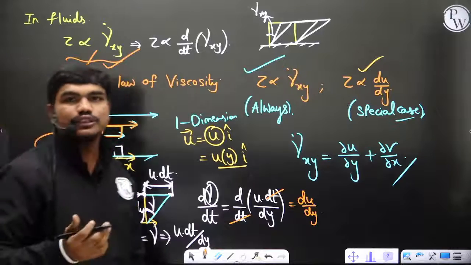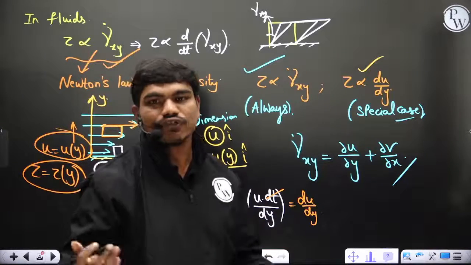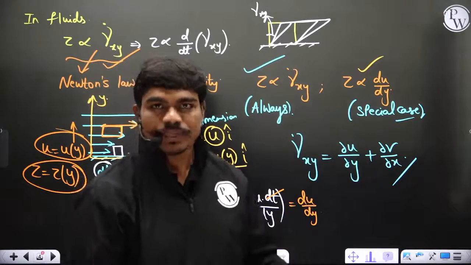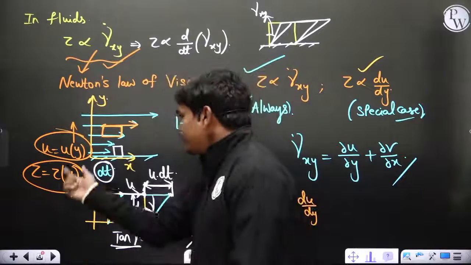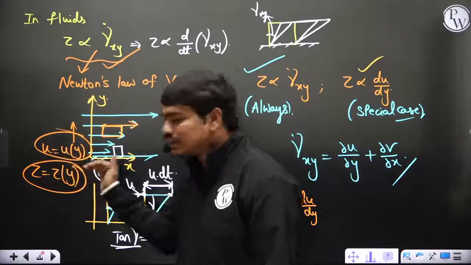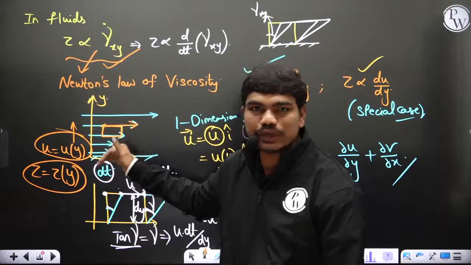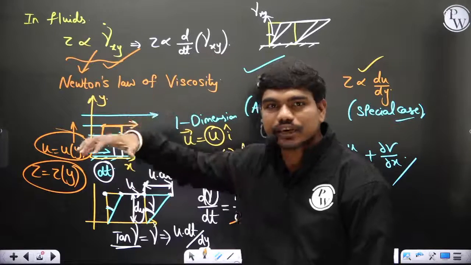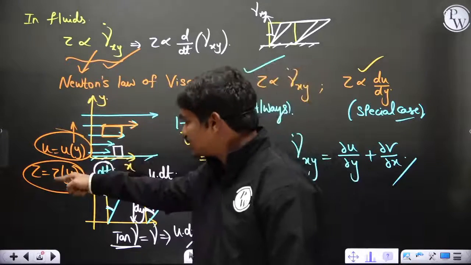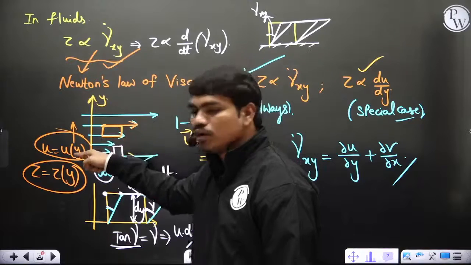If there is no shear stress acting on the layers, then the fluid will not move. It's called the static condition, which we will see in tomorrow's class, fluid statics. But right now you can understand one thing: if there is a velocity field which is changing with y, then there is also a shear field, meaning at a particular location of y there is some particular shear stress acting, and because of this shear stress these layers are moving with some velocity.